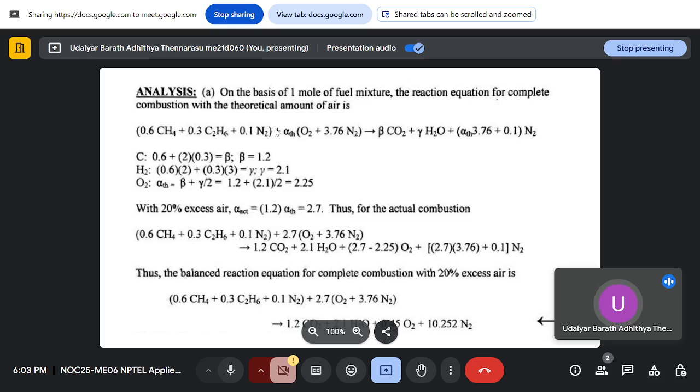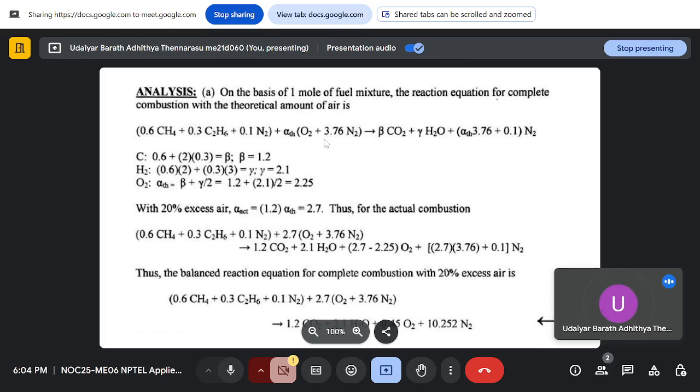We don't know how many moles of air are required for complete combustion, so we'll take some alpha, giving beta CO2 plus gamma H2O plus nitrogen. This is stoichiometric, so we have the same amount, alpha, of nitrogen, because nitrogen does not take part in combustion, so the same nitrogen will be there in the products. Additionally, the initial feed nitrogen from the natural gas mixture, which contained 10% nitrogen, will also be there.